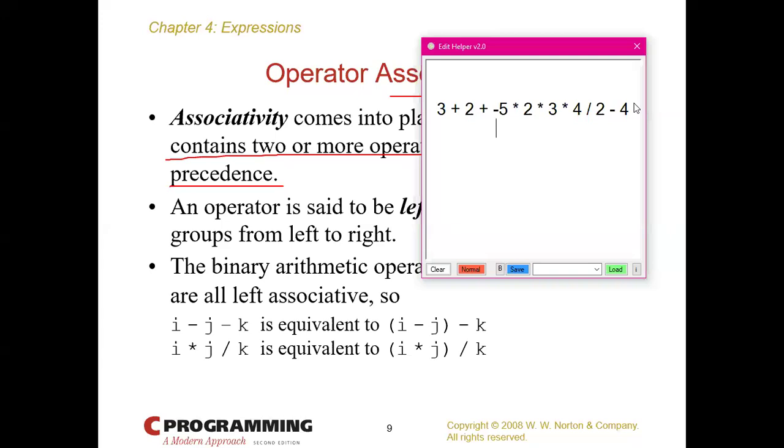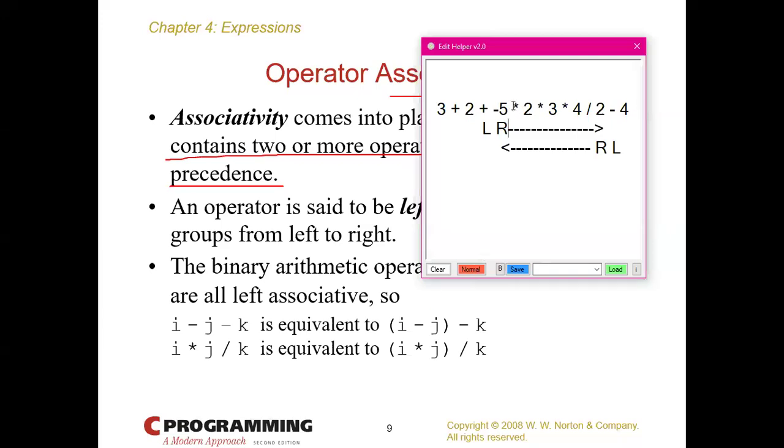Let me show you what I mean. We can solve from left to right or from right to left. This is right to left, while this is, let's make some space, left to right.